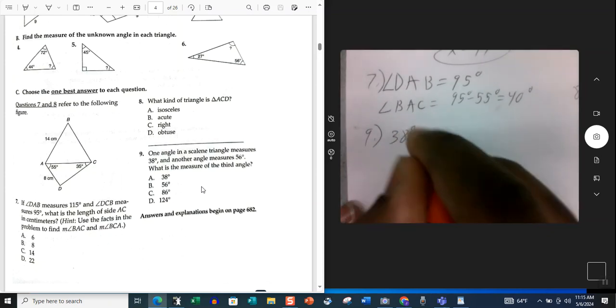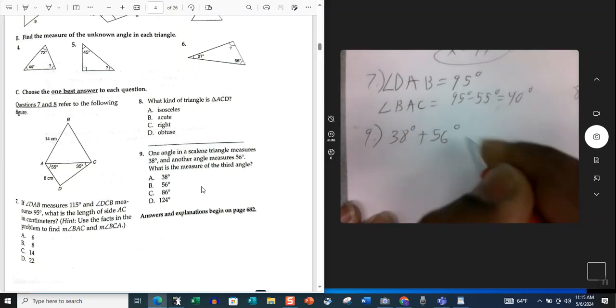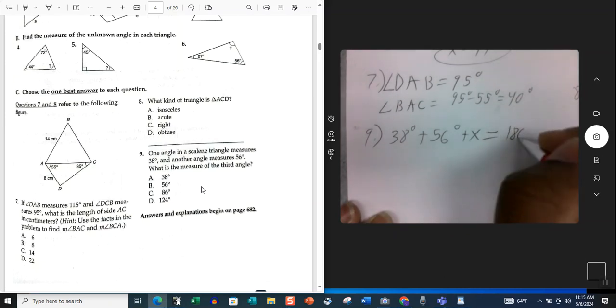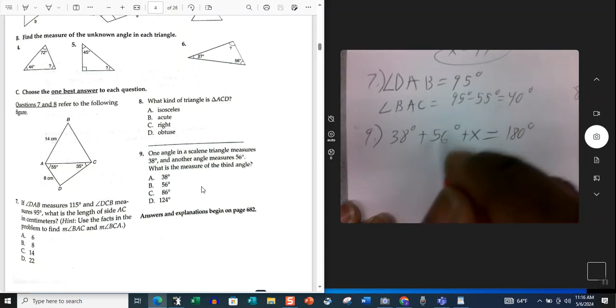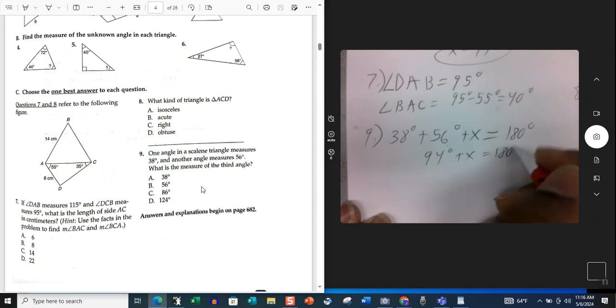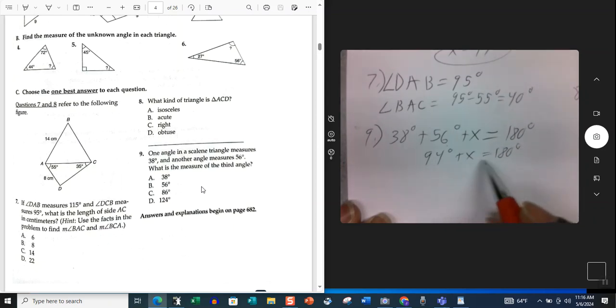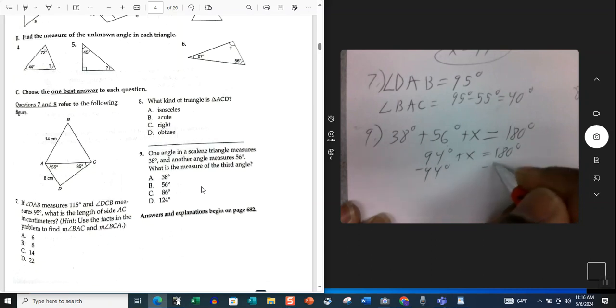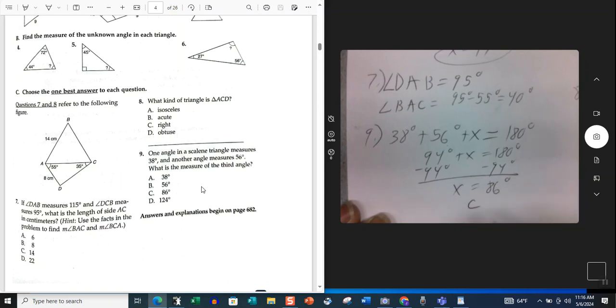So we have 38 degrees plus 56 degrees plus a missing angle here is equal to 180 degrees. 38 plus 56 is 94 degrees. So 94 degrees plus x is equal to 180. So we'll subtract 94 degrees on both sides, and x should equal 86 degrees. So that would be C.